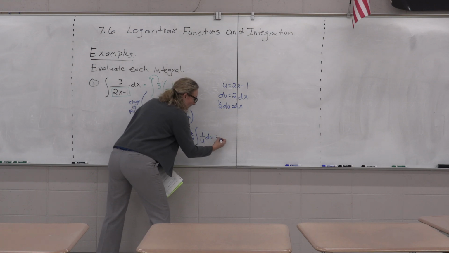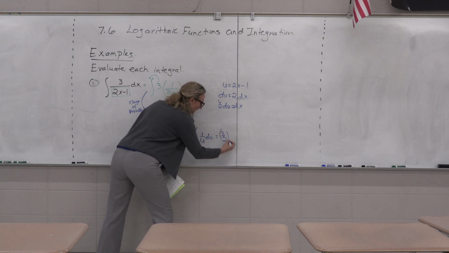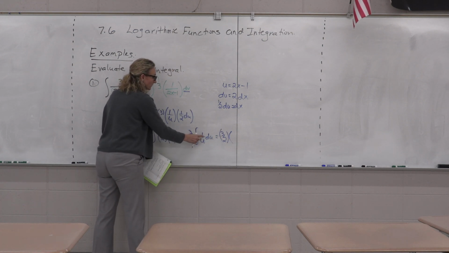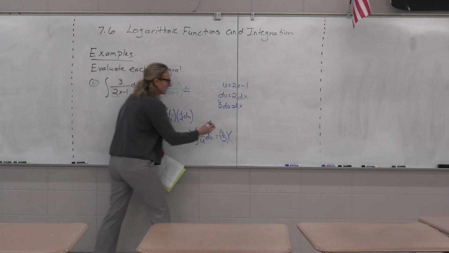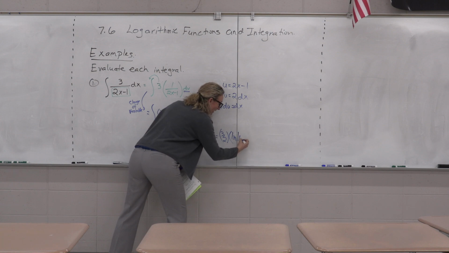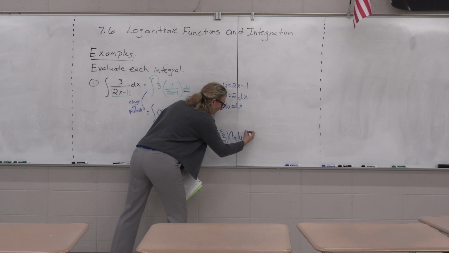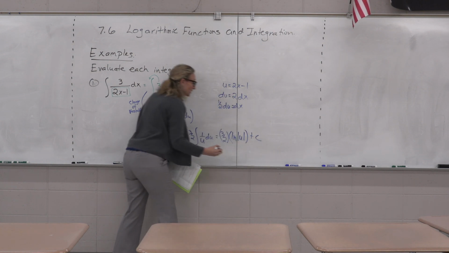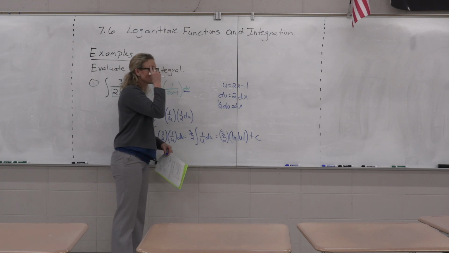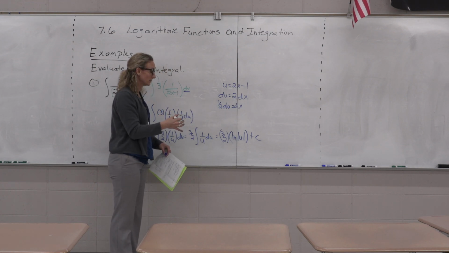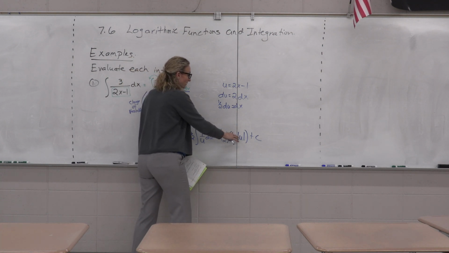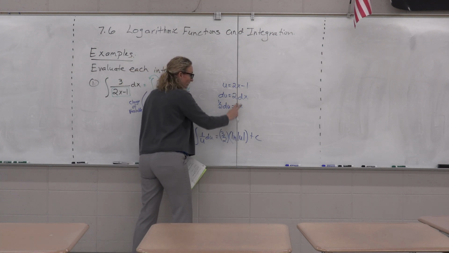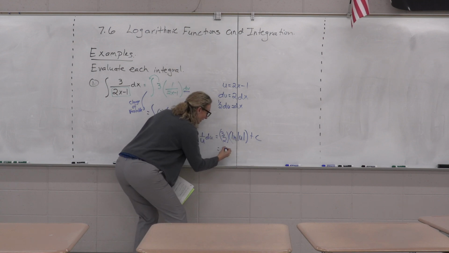So you're going to have 3/2 times the antiderivative of 1 over u, because it is just a u, which is the natural log absolute value of u plus c. So I took the antiderivative, and that's when you say plus c. Then, because the original problem had nothing to do with u's, you're going to put the x term back in.